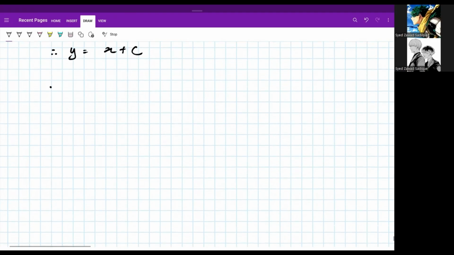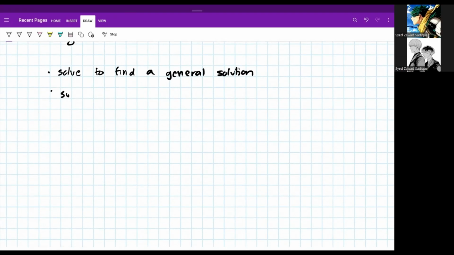So the notes are: solve to find a general solution. Substitute values to obtain a particular result.